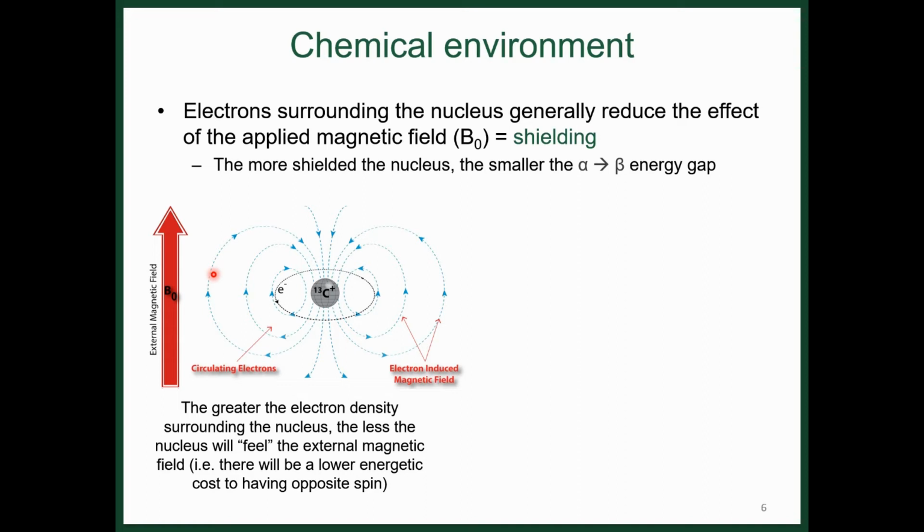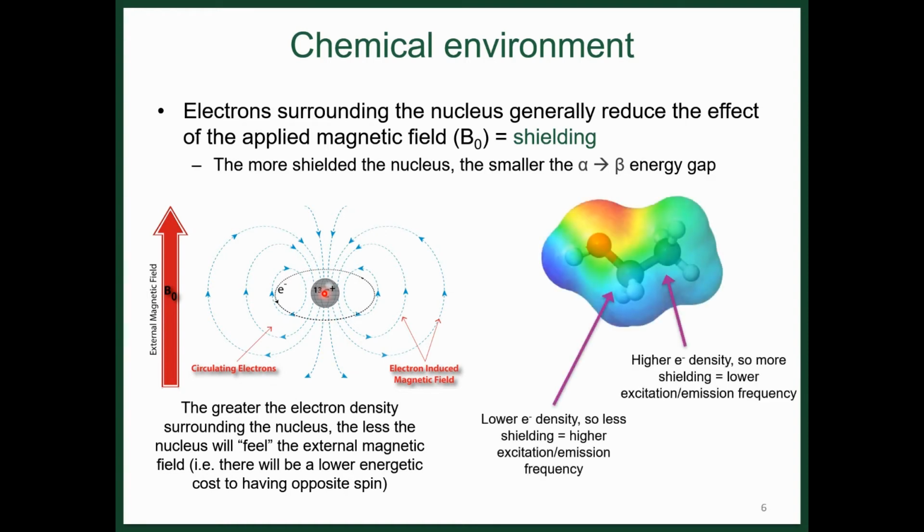Now, as we know from thinking about properties of electronegativity and bond polarity, electrons are not uniformly distributed across a molecule. So for us, this form of shielding of a nucleus is beneficial because it allows us to see differences within a molecule's structure.